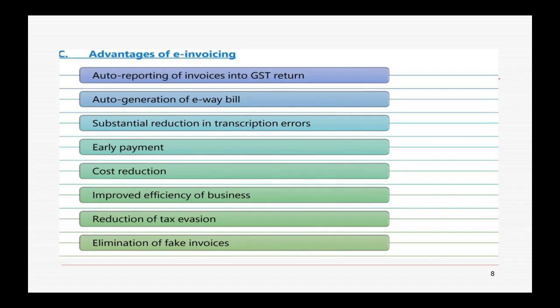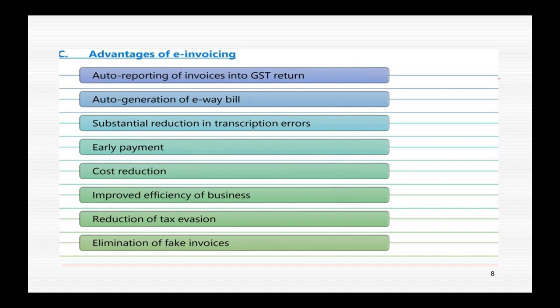Auto generation of e-way bills we will discuss subsequently. No goods will move from one place to another without an e-way bill. The reason is the e-way bill tracks the movement of goods from one place of supply to the recipient's place, and there is a check system on the way where one can find out whether the tax invoice is accompanied by the e-way bill.